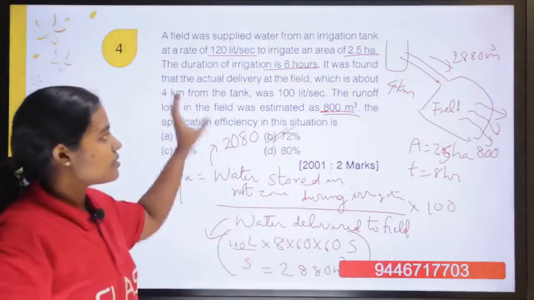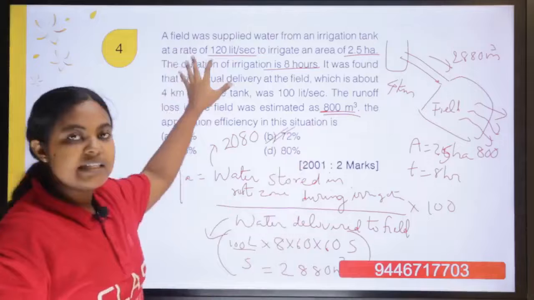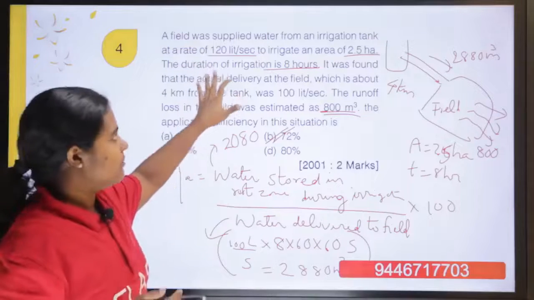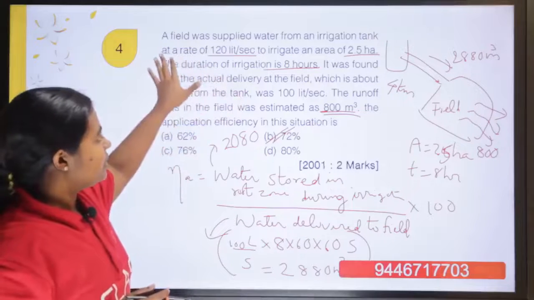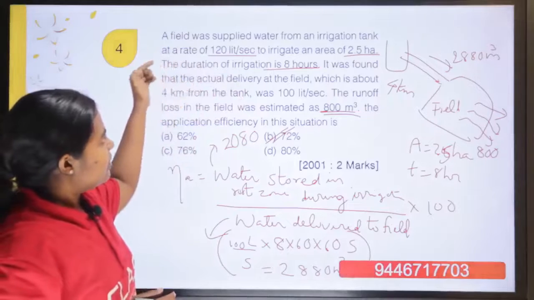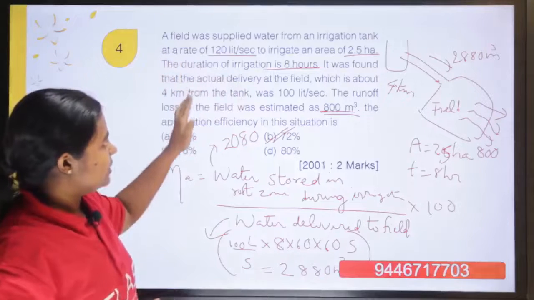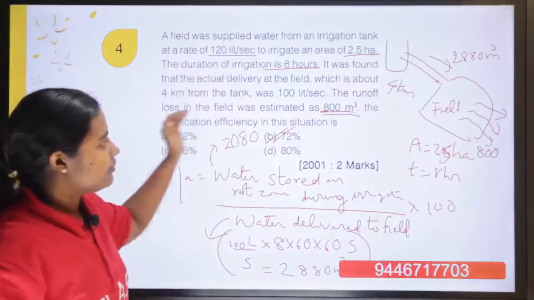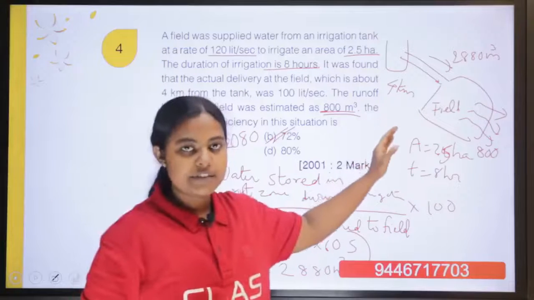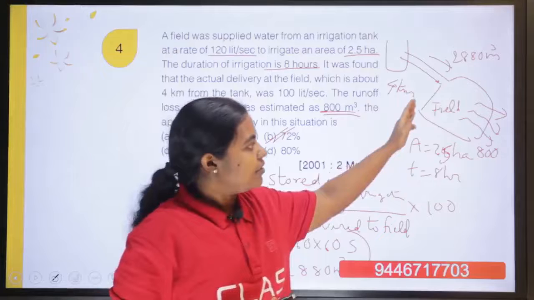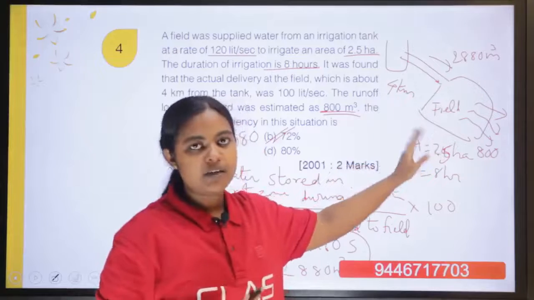So in this question, this 120 liter per second is extra data. That is the rate which is supplied from the irrigation tank. But for water application efficiency, we will consider the rate of water which is supplied to the field.